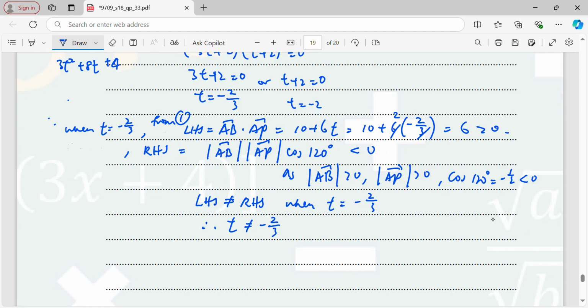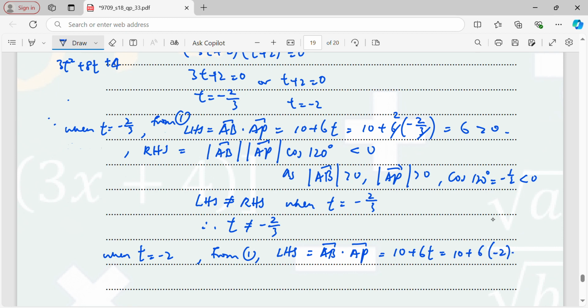Okay, so now we check for t equals negative 2. So when t equals negative 2, right, from the first equation, the left hand side AB dot AP equals 10 plus 6t. That is 10 plus 6, your t is negative 2.